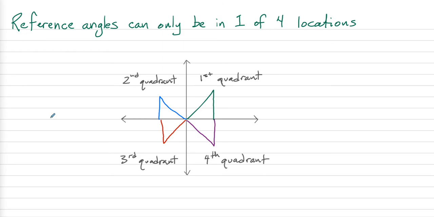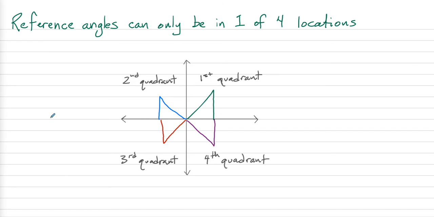Now, you don't necessarily need to draw this, but I think it might help some people. This is what I do in my mind. I know that the reference angles, reference triangles, make up a bow tie. So if your angle finishes in quadrant 1, you're automatically going to go straight down to the x-axis.